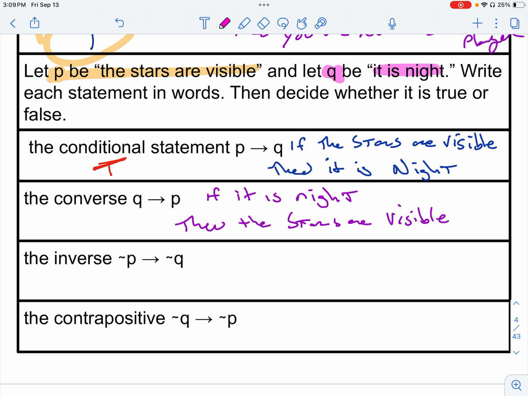Well, we know that it could be nighttime and overcast, or nighttime in LA or Chicago, and you can't see stars. So that's going to be false.